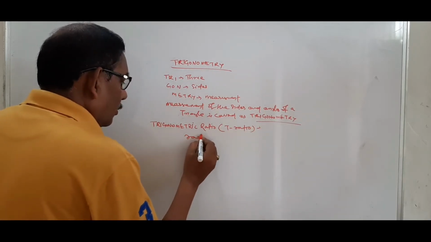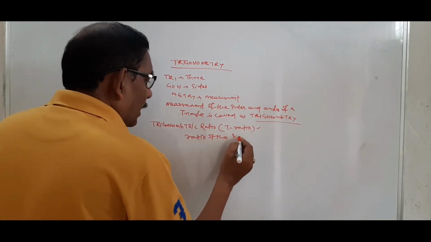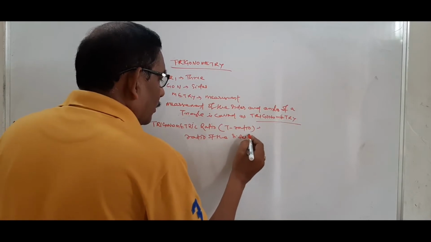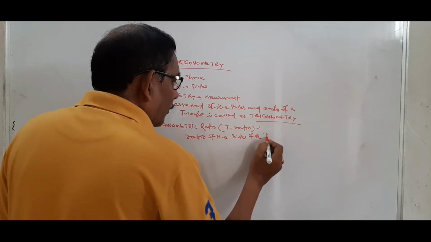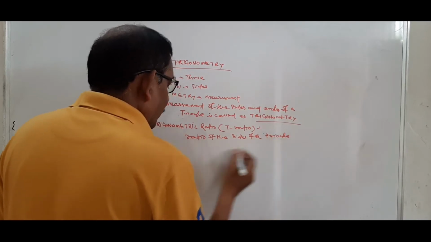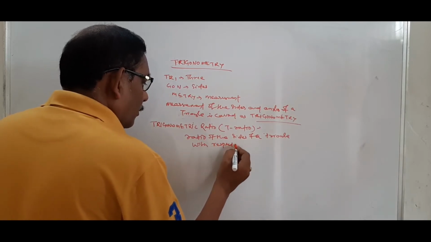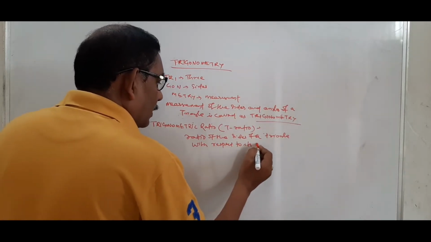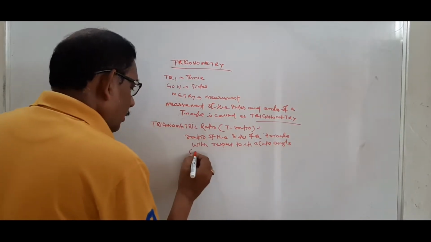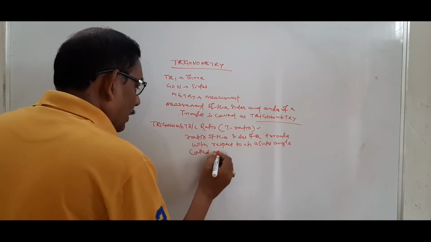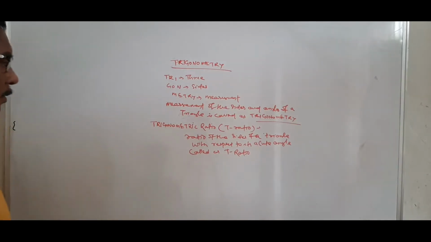The ratio of the sides of the triangle with respect to its acute angle is called a T ratio. Okay.